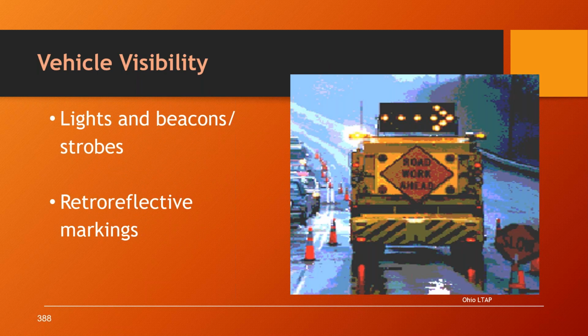So to enhance our vehicle visibility, we have lights and beacons and strobes and retroreflective markings. One thing I wanted to point out about that video that we just watched, where they're laying out the portable temporary rumble strips, is that as they were installing them, they were in a mobile operation at that point.